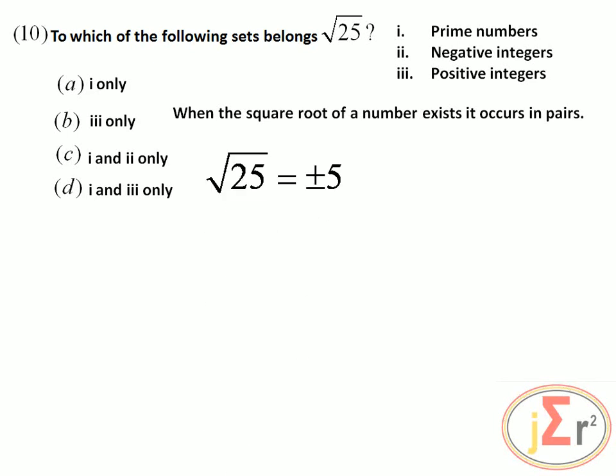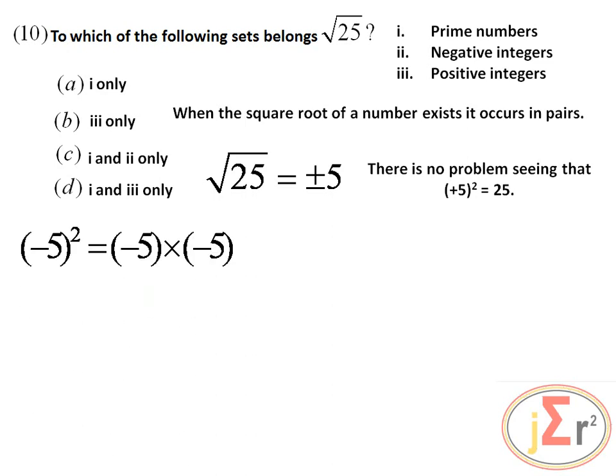The square root of 25 is equal to positive 5 or negative 5. There is no problem seeing that when we square a positive 5, the answer is 25. And there should be no problem also seeing that when we square a negative 5, we get 25. But we are going to put that under our proverbial microscope.